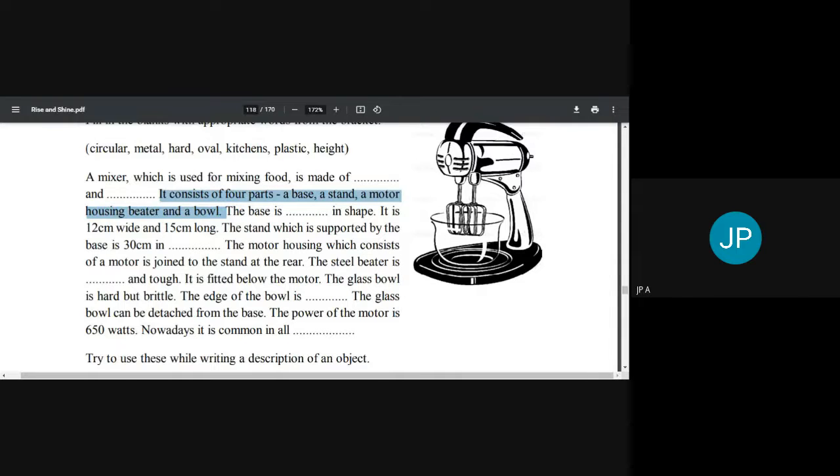And now we have the description of the shape of the base. Here you can see that the shape is not a circle. വട്ടത്തിലല്ല. Base നോക്കിയാൽ ആ black part, the base of the mixer or the blender is not round. Yes, exactly.